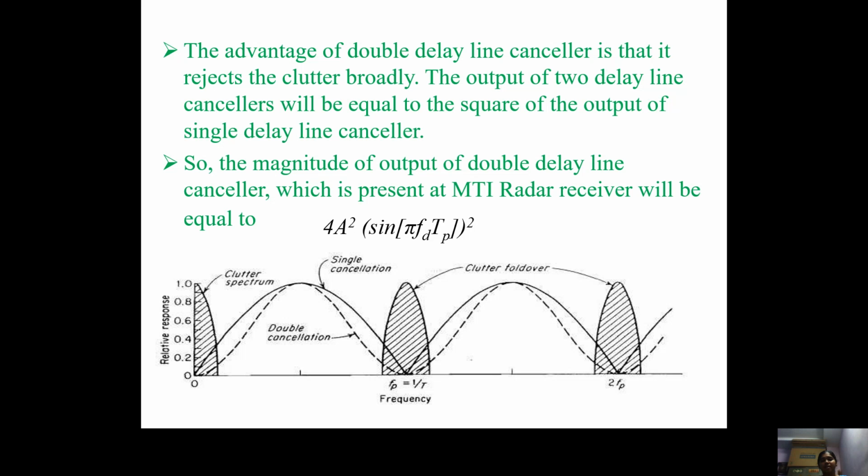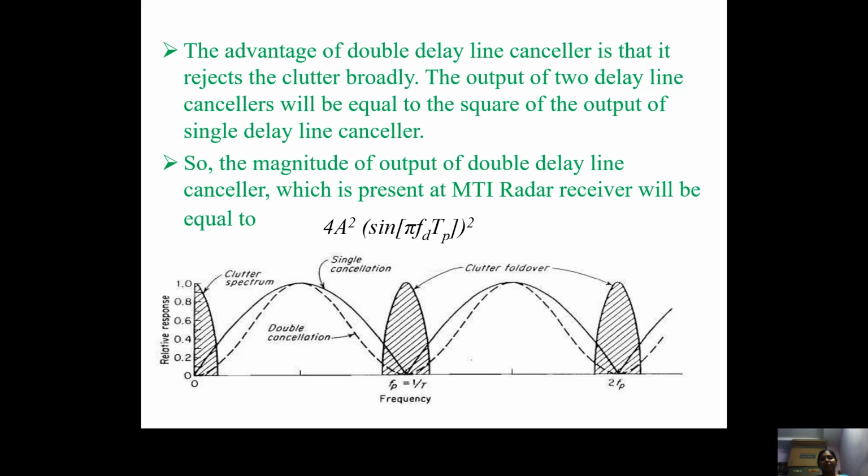But when we increase the number of delay lines, in the double delay line canceller, this value is reduced as much as possible. That is the reason when we increase the number of delay lines, the clutter rejection is broadened.